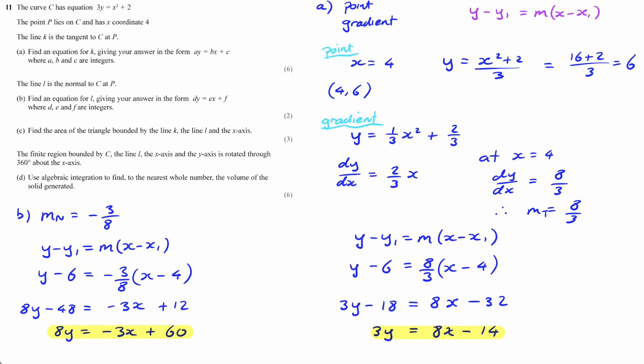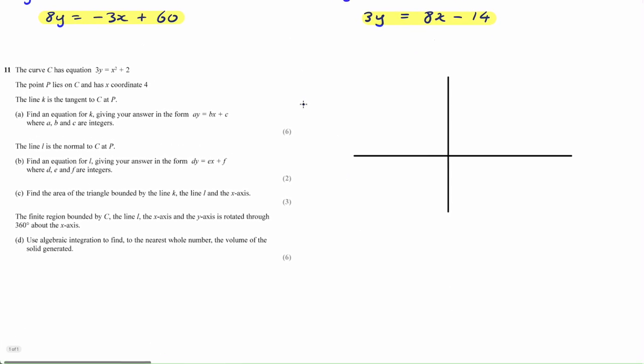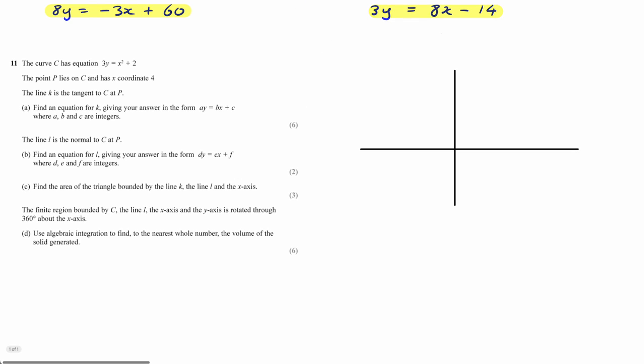Part C. Find the area of the triangle bounded by the line K, the line L, and the x-axis. Okay, so, guys, I just brought the question down here so we can read it. This is K, and this is the line L. Let me just show you something first.